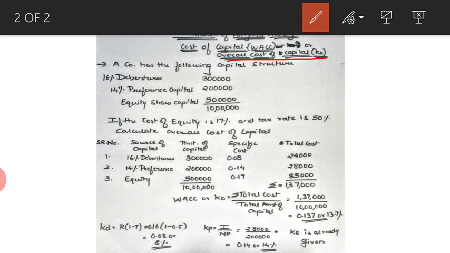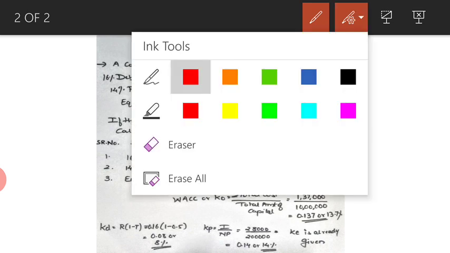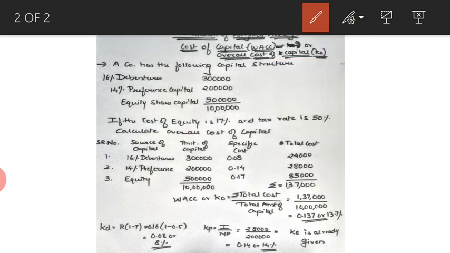I hope you are clear with this concept. Though you might have studied simple average and weighted average in statistics, this is nothing but the weighted average of the various sources of capital. So let's go ahead with a problem. Very simple, not at all complicated, just follow the steps.